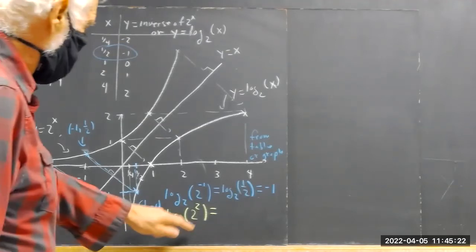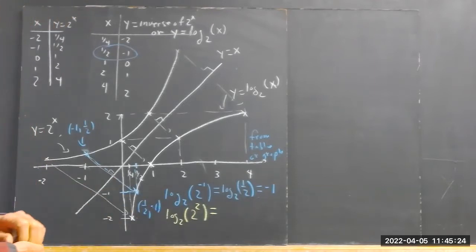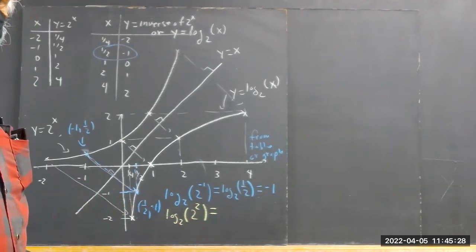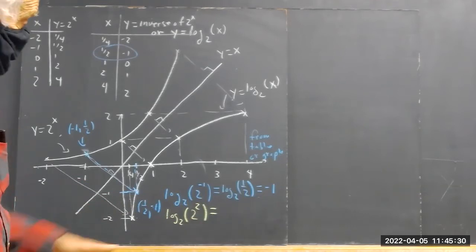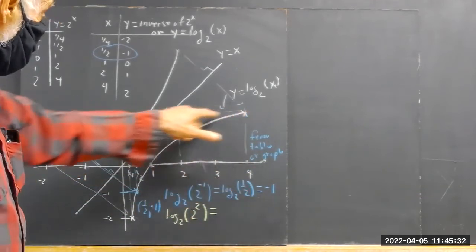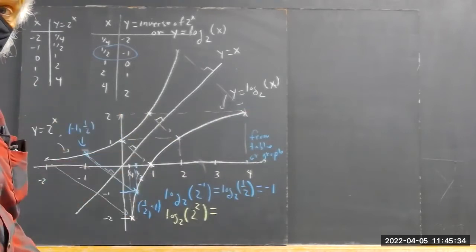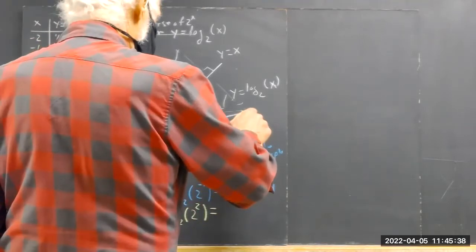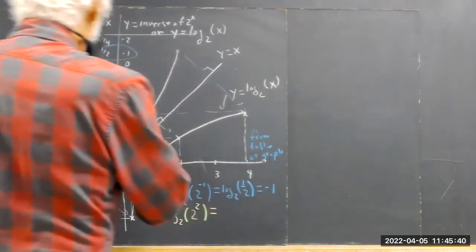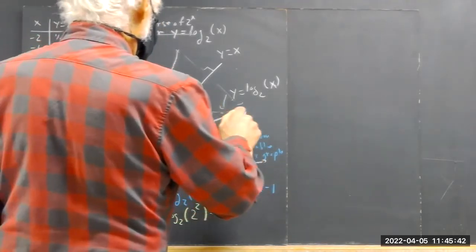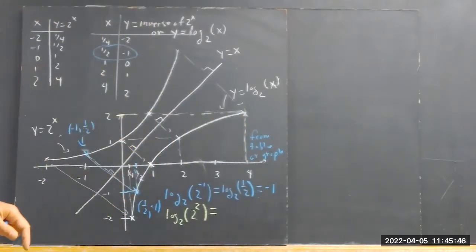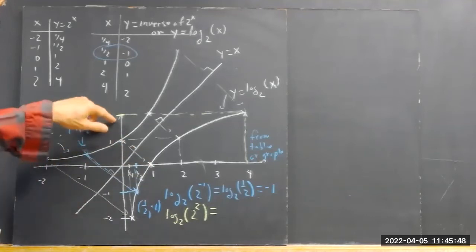Log base 2 of 2 to the second, well, 2 to the second is 4. So we can see 4 here, and we go up to the graph and we see that we get 2. In other words, when x equals 4, the log base 2 graph tells us that the log base 2 is equal to 2.